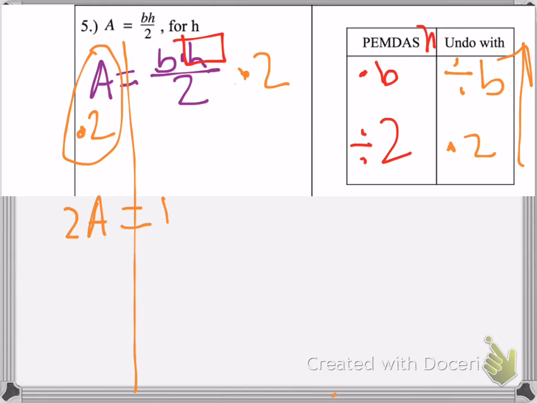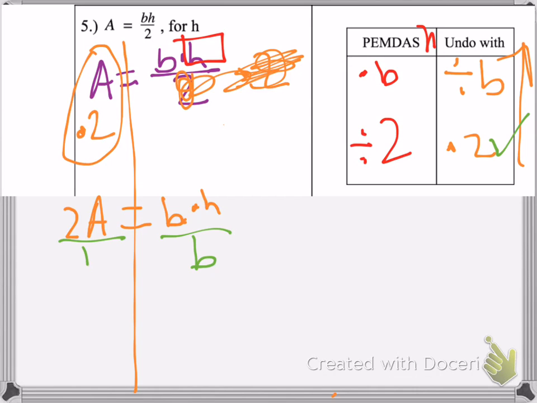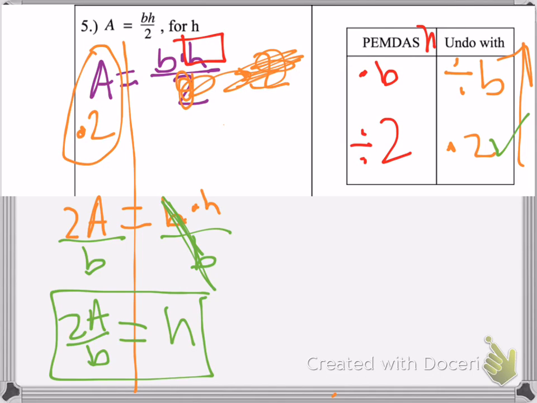On the right side, we've still got B times H, and then 2 divided by 2 and multiplied by 2 are opposites. So those cancel each other out and they're gone. Now we did this step, and now we need to divide by B. Divided by B, divided by B. So 2A divided by B equals, B divided by B is just 1, so we've got H. All done.